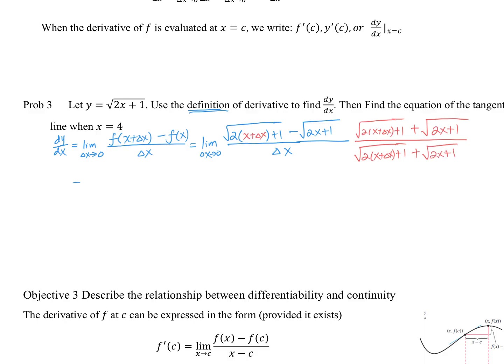And the top will have the square of the first term, which is 2 times x plus delta x plus 1, minus the square of the second term, which is 2x plus 1. Divided by the bottom, we'll have delta x times the whole thing, the sum of these two square roots.